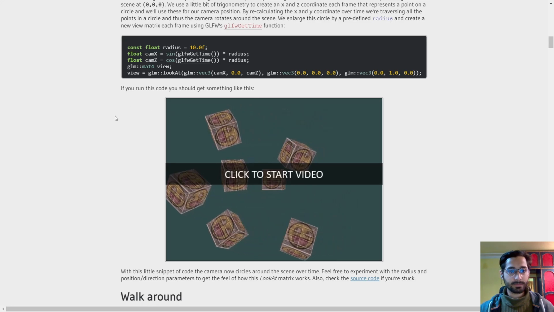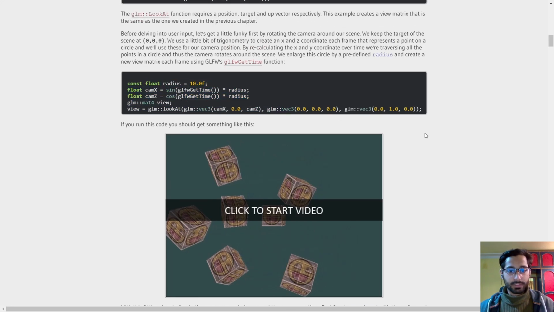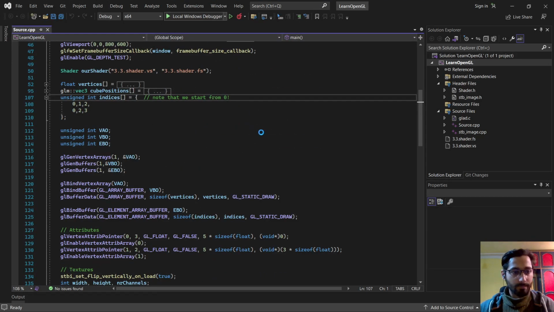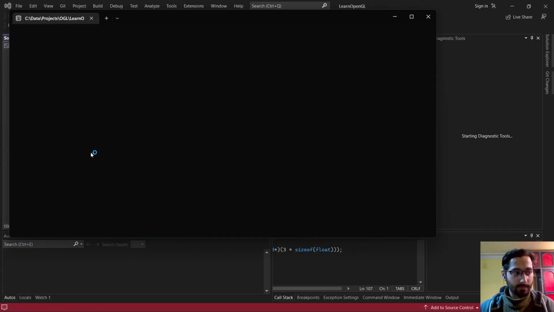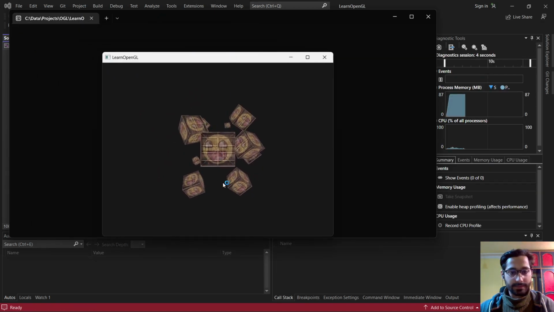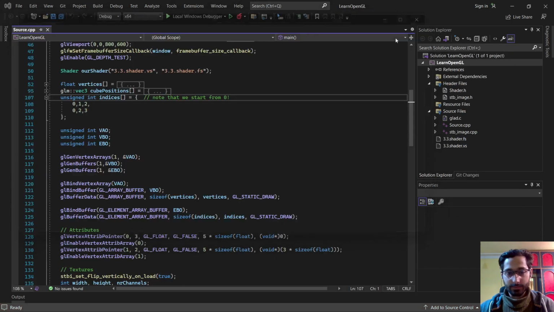Okay, yeah, indeed it does. So let's try to do that. What do we have so far? We just have a static scene where the camera is looking at the object.